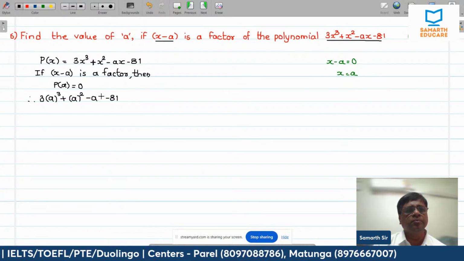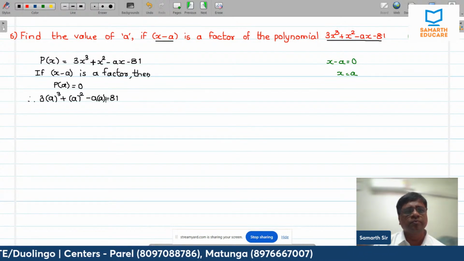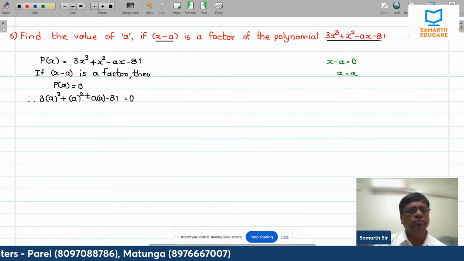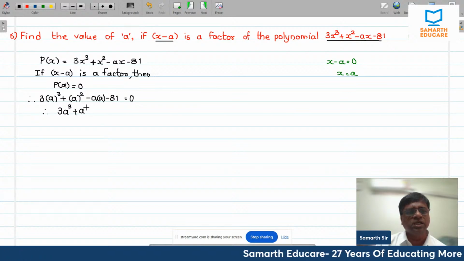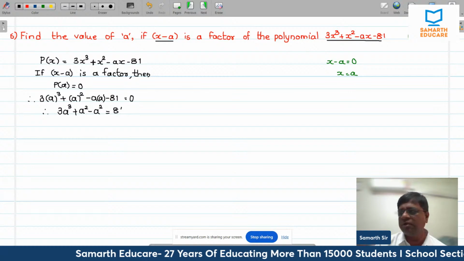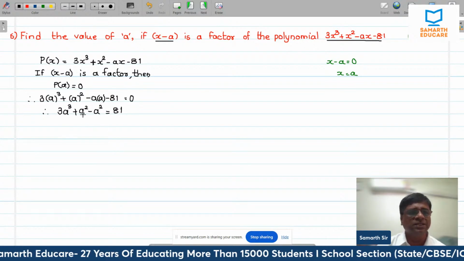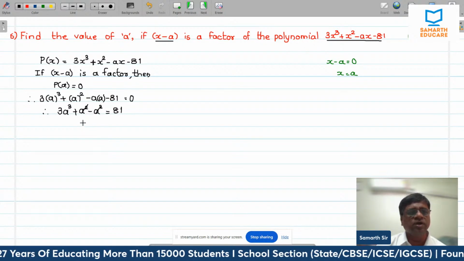A into a is equal to 0, right? So you can see 3a cube plus a square minus a square is equal to 81. I'm taking it on the right side, it becomes plus 81. A square and minus a square get cancelled.